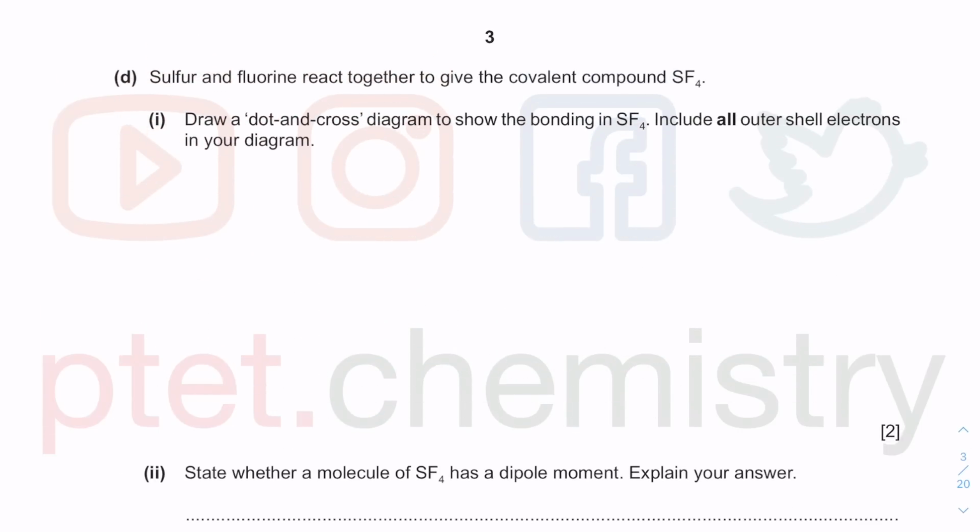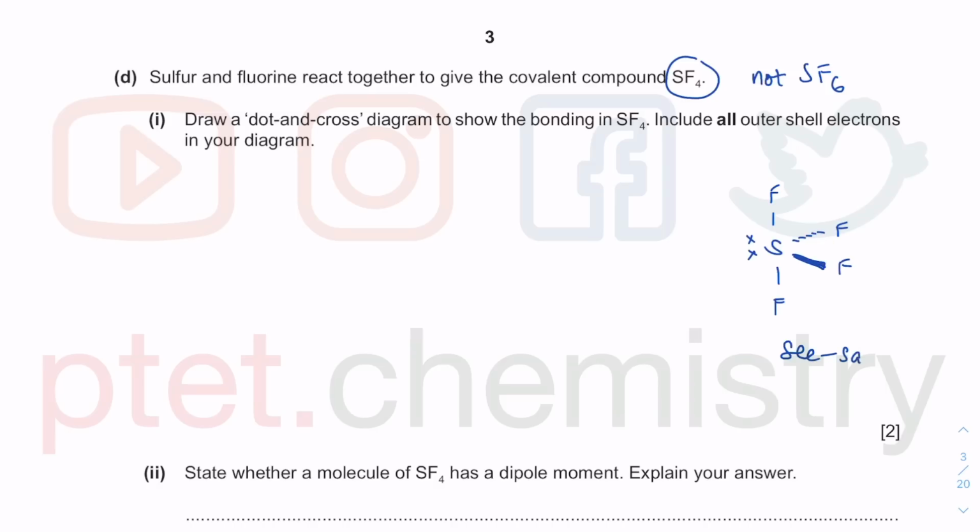Now this next question, we have SF4, not SF6. So be very careful, not SF6. What do we know about SF4? If I draw the display formula, it's going to look like a seesaw, where this is linear, but this one is coming out towards you and this one is away from you, behind the screen, such that you have a seesaw shape.